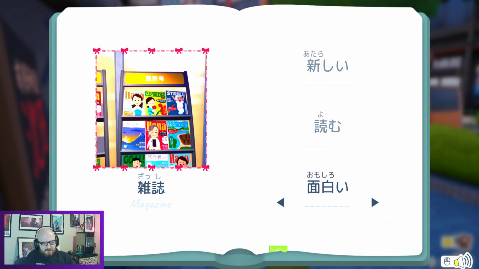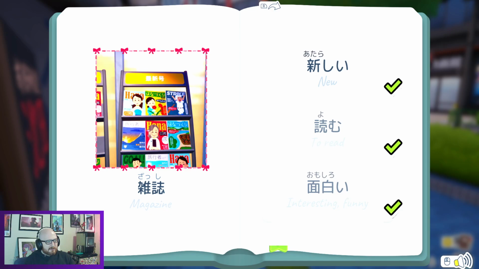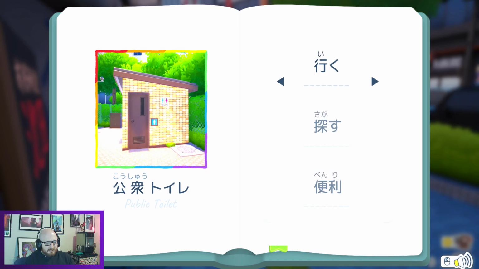So I've heard it used for both, and I'm a bit confused as to why it's both. So we have to read and then new up there. So, 新しい、読む、and 面白い。公衆トイレ。Okay, 公衆トイレ. We have 3 words here.